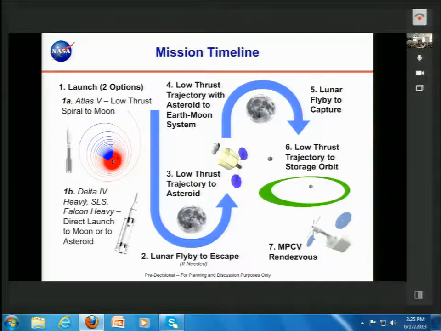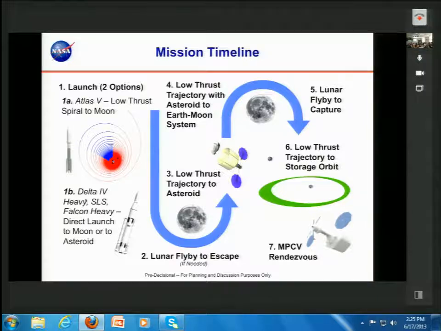The other option is a heavy launch vehicle, such as the Delta IV Heavy, SLS, or Falcon Heavy, with the Delta IV Heavy being the existing heavy launch vehicle, and Falcon Heavy being SpaceX's vehicle, which once it's developed would be more capable than the Delta IV Heavy, and then the SLS being the NASA vehicle, which would be even more capable than the Falcon Heavy once it's developed.